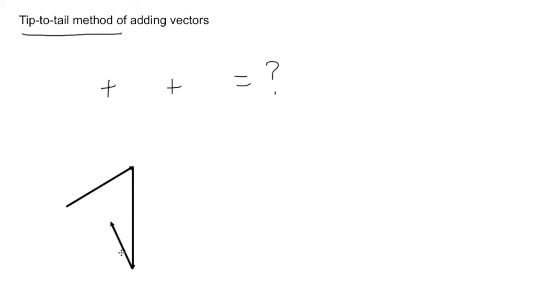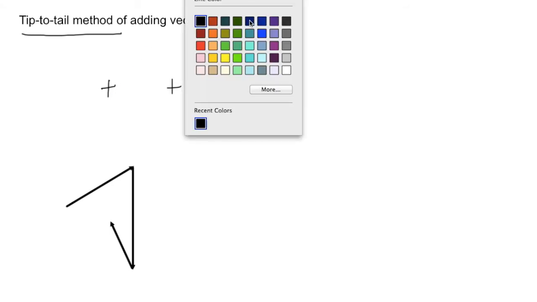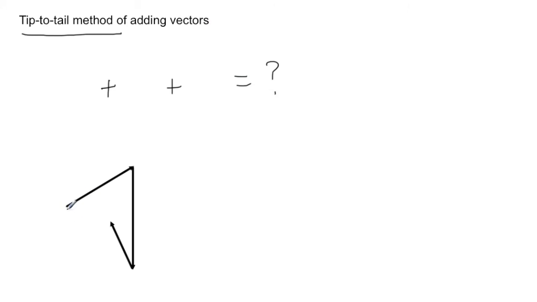And once I've done that, in this case you'll notice the chain doesn't connect. The sum of these three vectors is a vector that completes the chain, but points from the beginning of the chain, which I'll make here in purple. This is where the chain begins. This is where the chain ends.